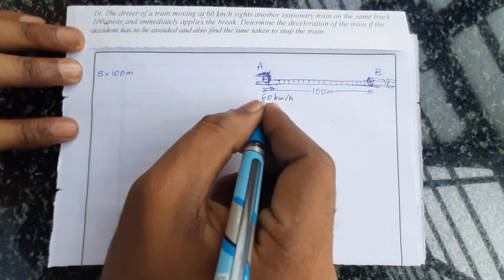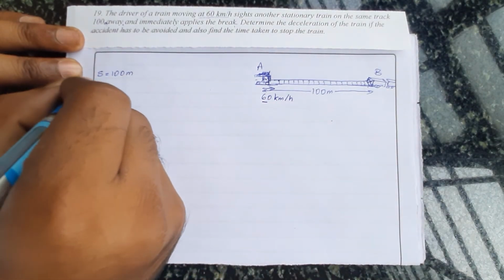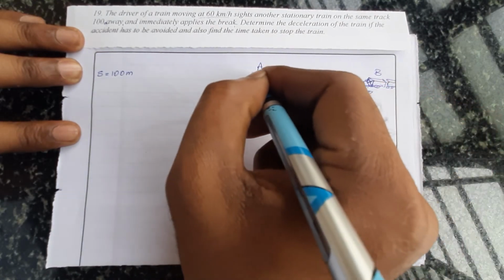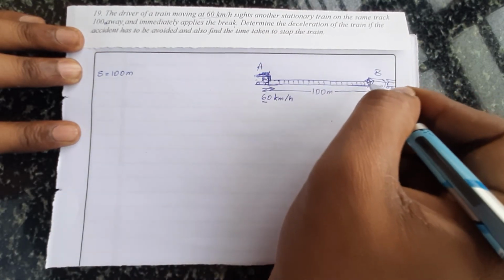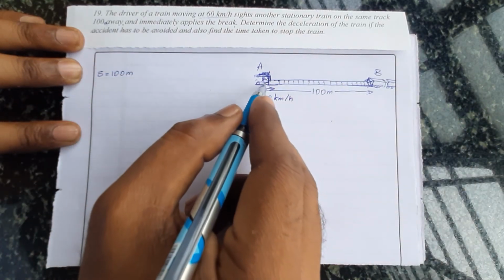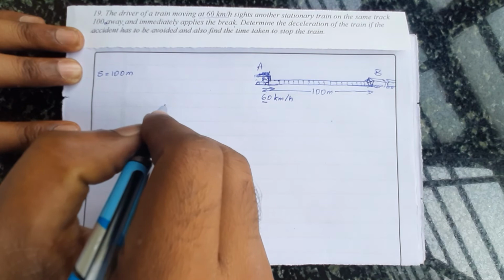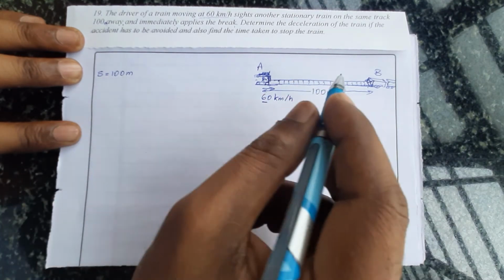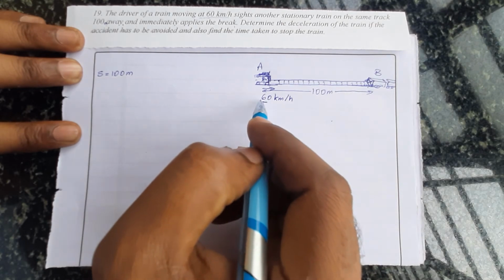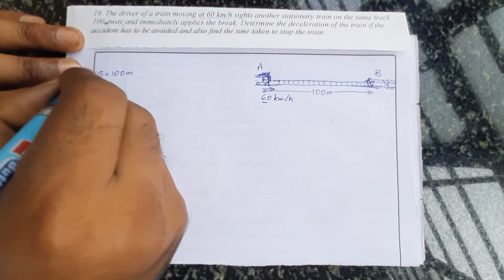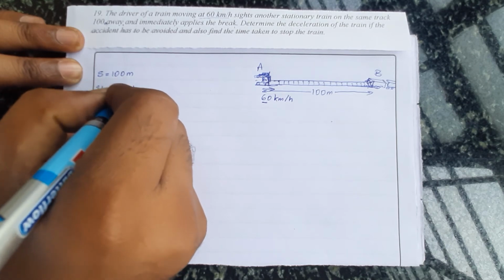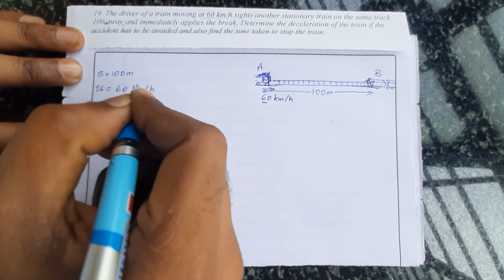See, this is the initial point of the motion, and this is the final point of the motion when train A comes to this point and stops. So displacement is 100 meter, and the initial speed of train A is given as 60 kilometer per hour.